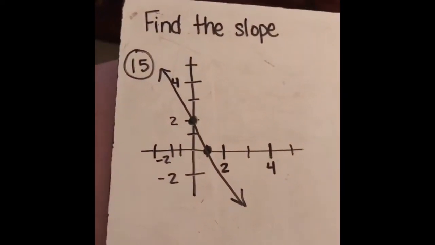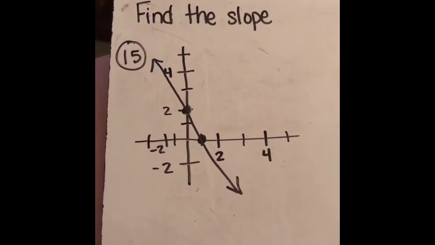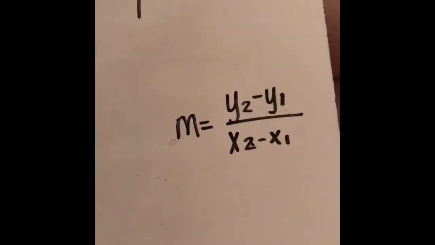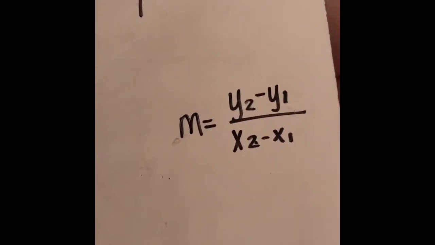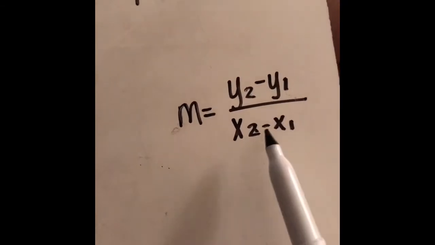Okay, so for 15 through 17, I want you to find the slope of each one. Here is the slope formula: y2 minus y1 divided by x2 minus x1.